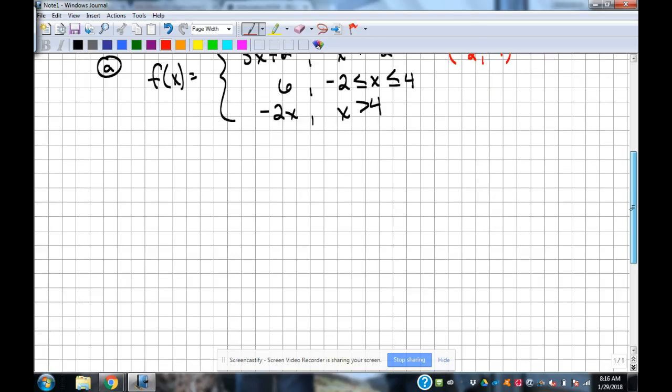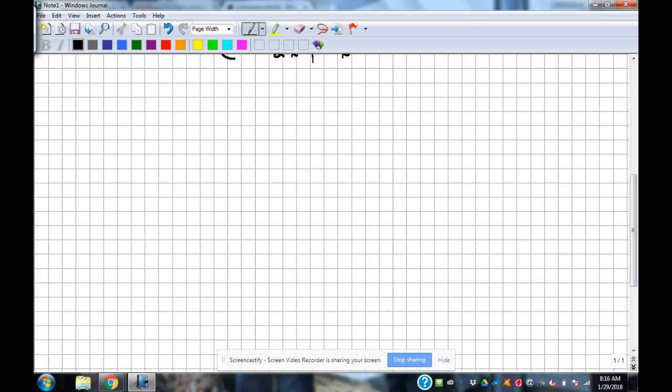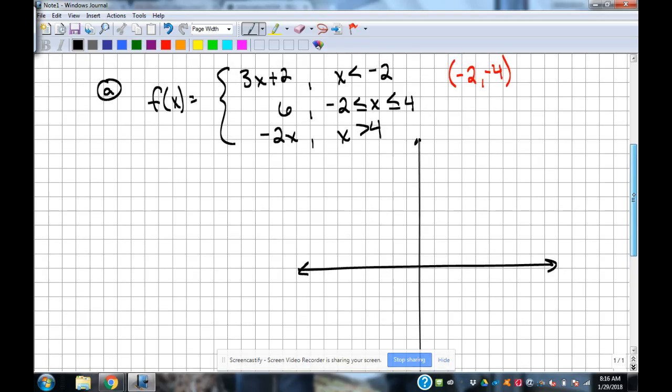So when I go to graph this, I'm going to draw a coordinate plane here. That point, negative 2, negative 4, is important. Is it included?